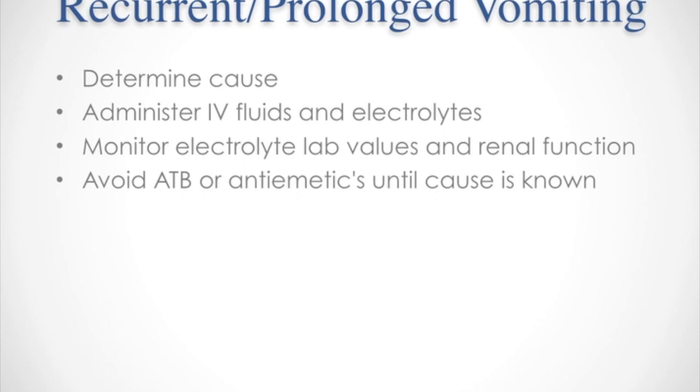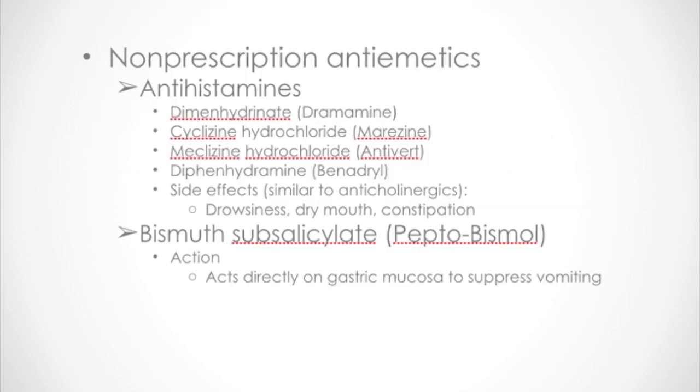So like I said, with recurrent or prolonged vomiting, the priority is determining what is causing it and offering them support for fluids and electrolytes. We're going to monitor lab values, so their sodium, their potassium, and their renal function, which is going to be creatinine and BUN. We're going to avoid using antibiotics or antiemetics until we know why they are vomiting.